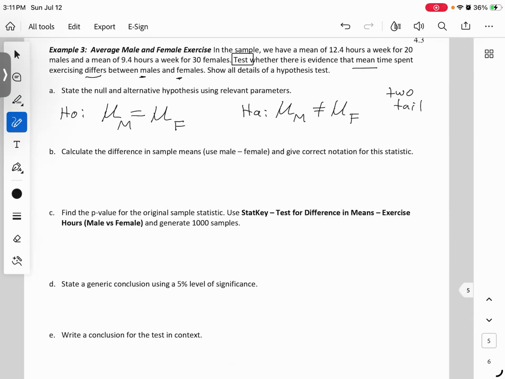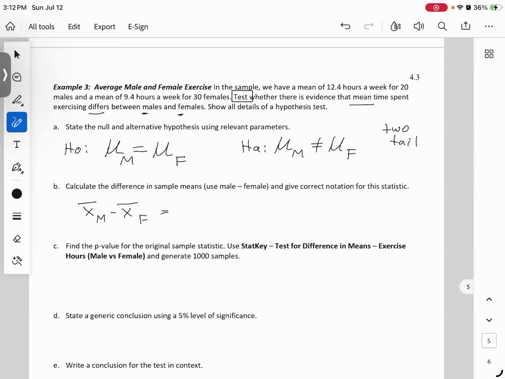Now it says calculate the sample means, male minus female, and give notation. So that right there takes care of the notation. It's the sample mean for male minus the sample mean for females. And that's the information that they gave up there. They talked about how 12.4 was the result for male and 9.4 was for female.